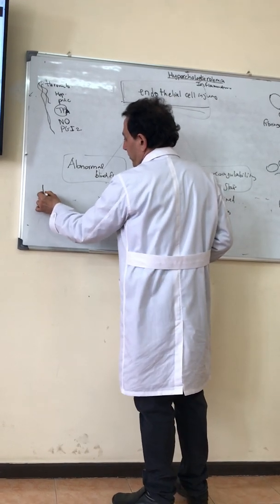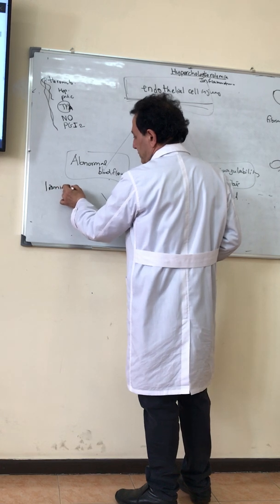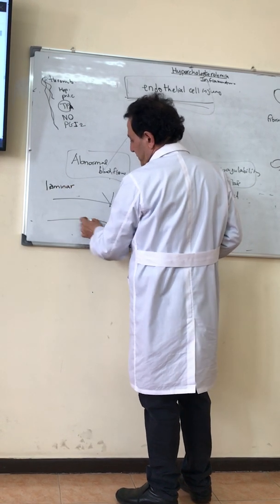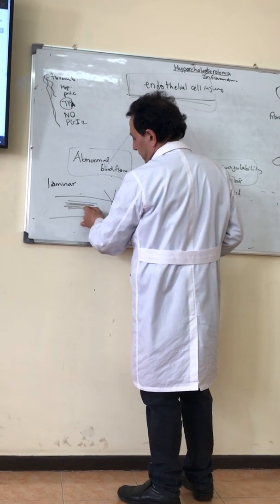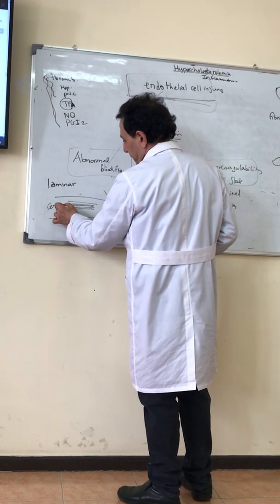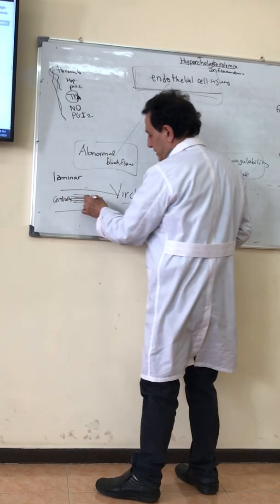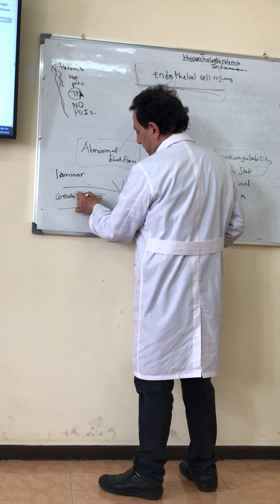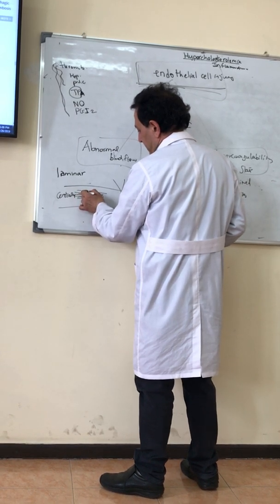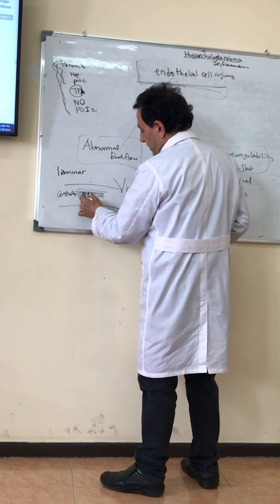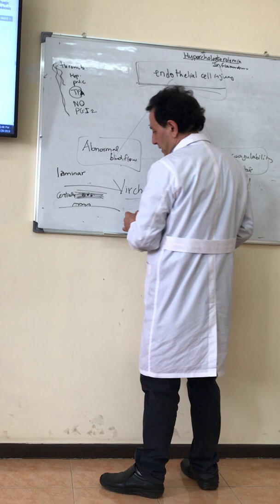Normally, the type of normal blood flow is called laminar. In vessels, blood flows more centrally. This is called laminar blood flow. So the different types of cells, lymphocytes, red blood cells, platelets, don't have much contact with the endothelial cells.